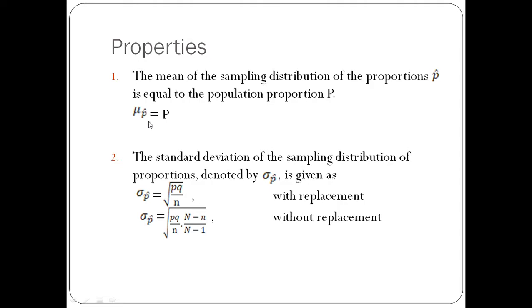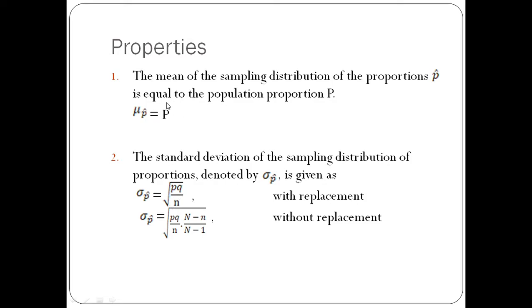So mu p cap will be equal to population proportion P. The second property is about standard deviation. The standard deviation of the sampling distribution of proportions, denoted by sigma p cap, is given as sigma p cap is equal to the whole under root p into q by n.